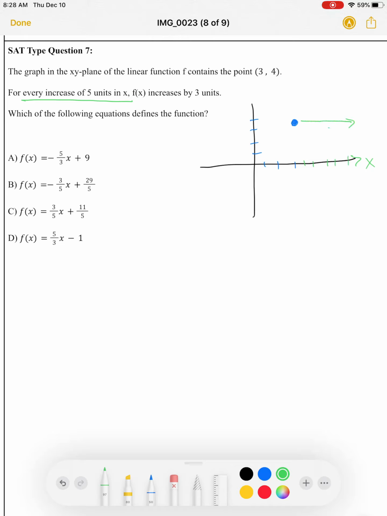We'd have to go over 5. F of x, which is the same as y, remember f of x is the same as y, increases by 3. So then we would have to go up 3. 1, 2, 3 to get another point.